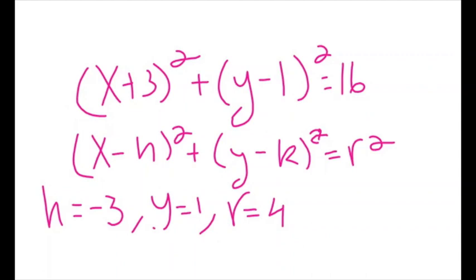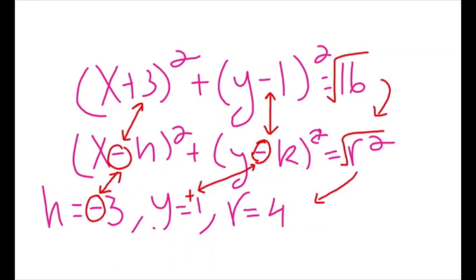Since we know that the standard form of a circle is (x minus h) squared plus (y minus k) squared equals r squared, we know that h equals negative 3, k equals 1, and r equals 4. This is because for our r value, we first had to take the square root of 16 to get r equals 4.